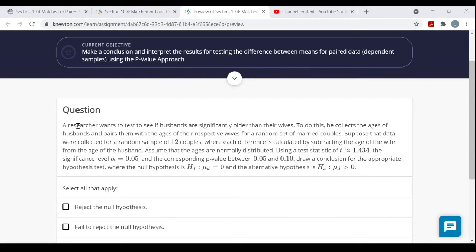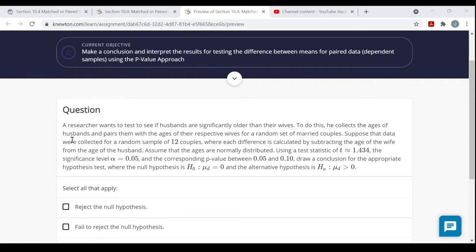The question is, a researcher wants to test to see if husbands are significantly older than their wives. To do this, he collects the ages of husbands and pairs them with the ages of their respective wives for a random set of married couples.